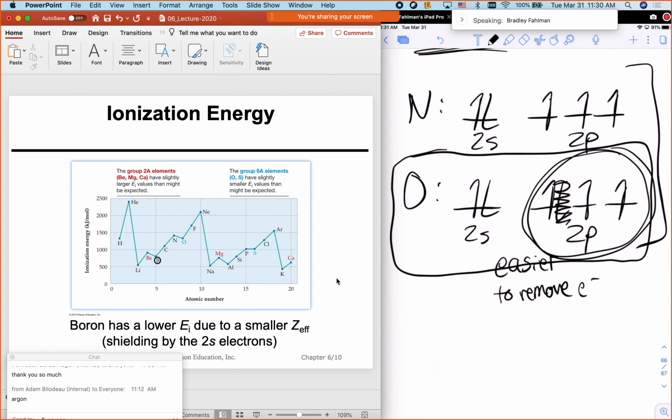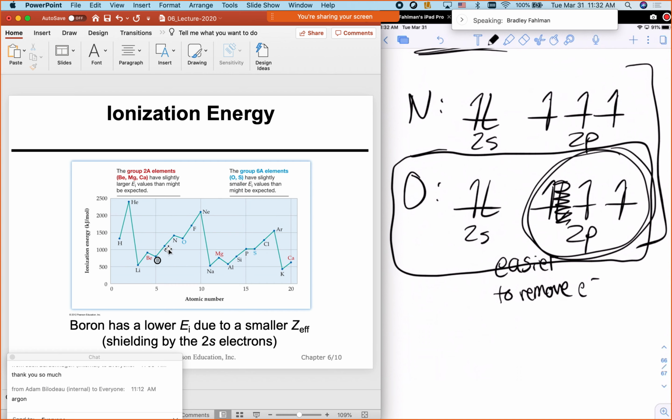Does everybody see those trends? And you'll see that in the other groups too. Some it's not as dramatic. It has to do with the size of the orbitals in that case. Magnesium to aluminum is pretty dramatic, but then phosphorus to sulfur is not.